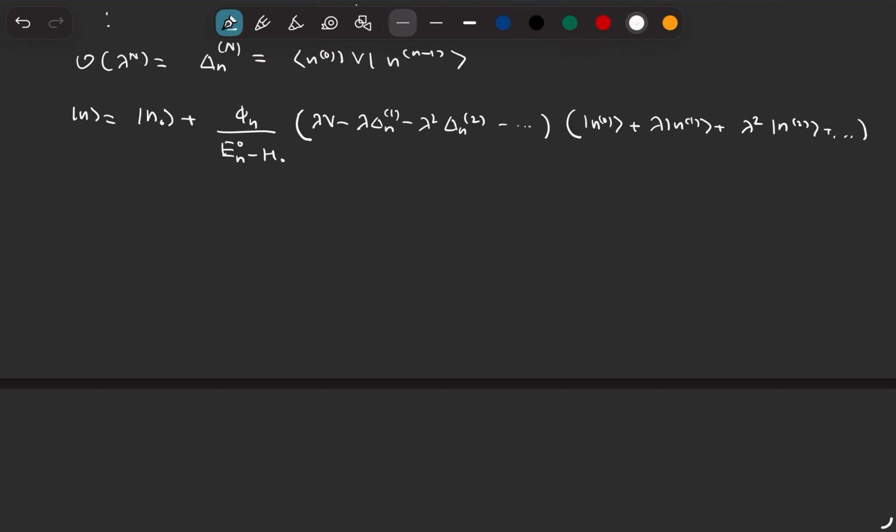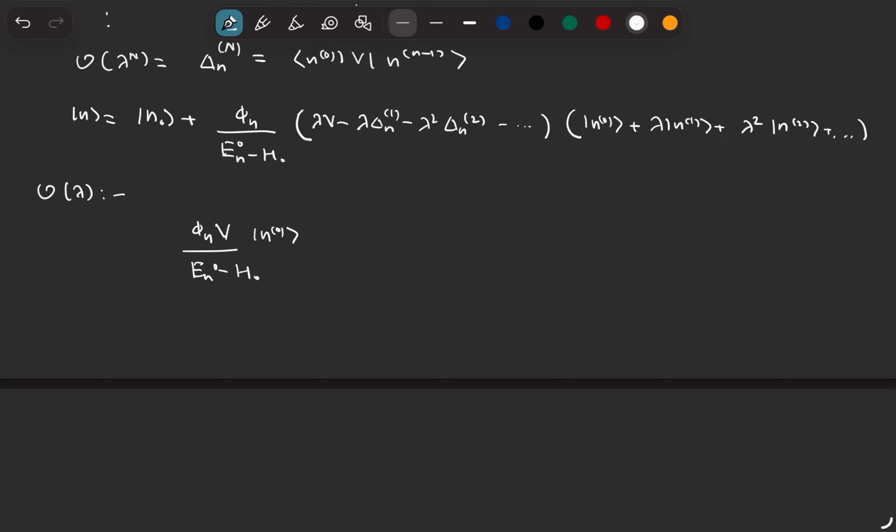Okay, so obviously, for order of lambda, for first order terms, we have phi n V upon n0 minus of h0 gives n0.